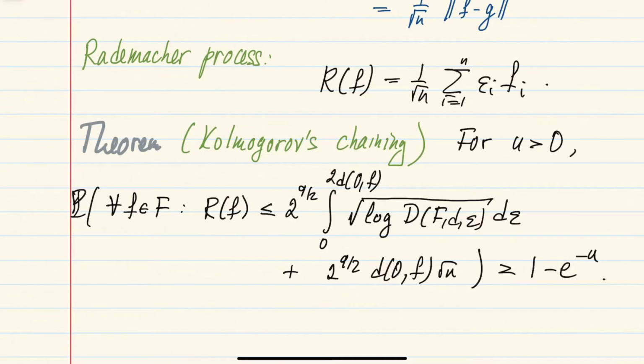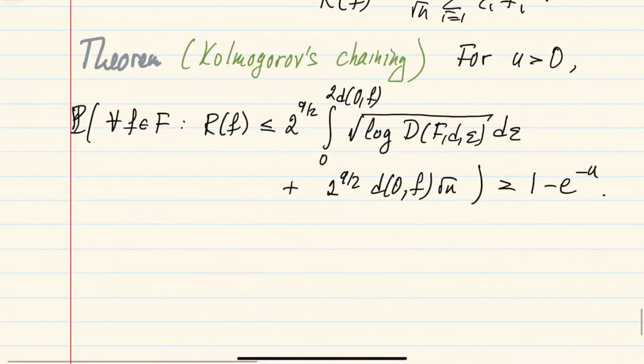So in other words, you pick your u or you pick your guarantee, and then for all vectors f in this particular subset of the cube, you control this Rademacher process by the sum of two terms. Both of them depend on the distance of your vector from 0.